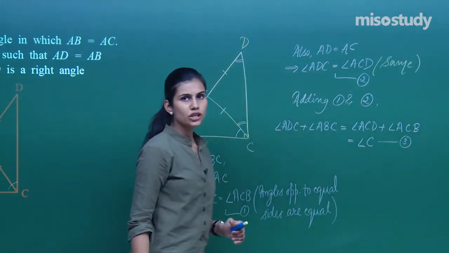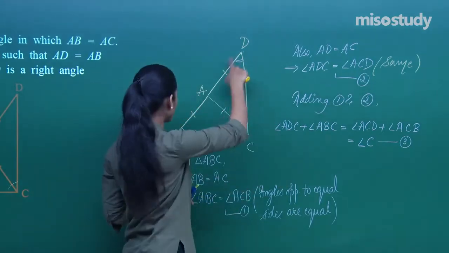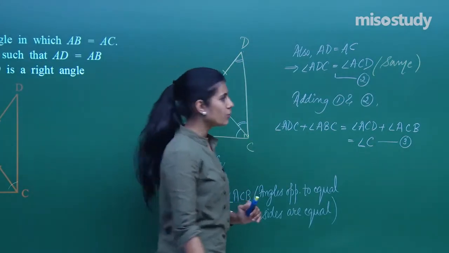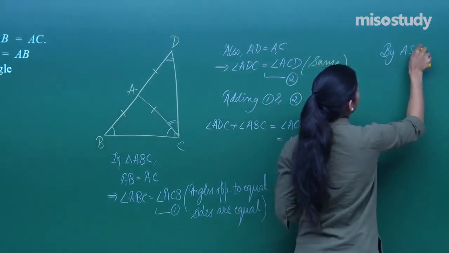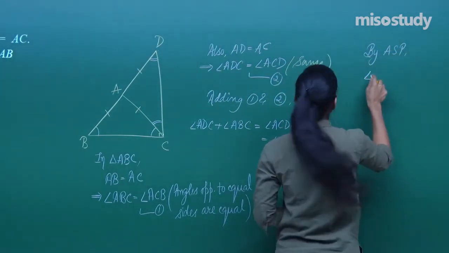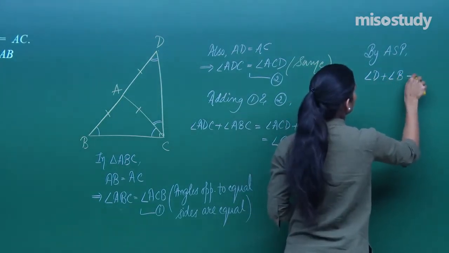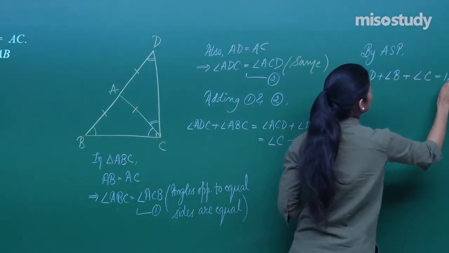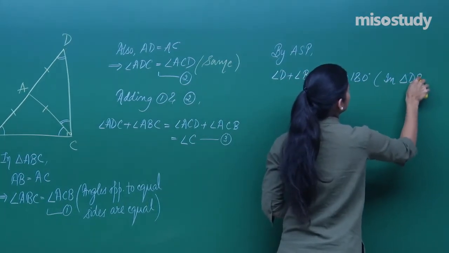By angle sum property of a triangle, you know that when I add the 3 angles of this large triangle DBC, I get the sum equal to 180. So, by angle sum property, angle D plus angle B plus angle C is 180. I am talking about in triangle DBC.